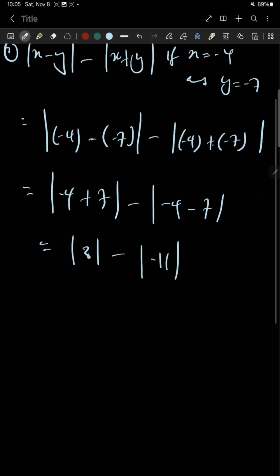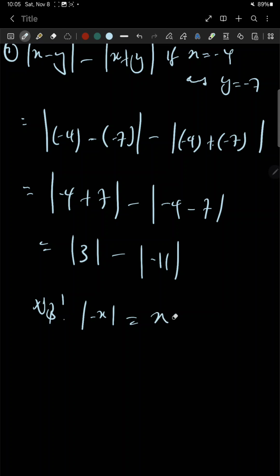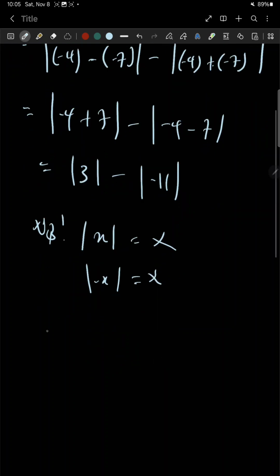-11. Now remember, guys, in the first video we did the definition of a modulus. The modulus of x is the same as x, and also the modulus of -x is the same as x. So in other words, an absolute value is a positive integer, isn't it?